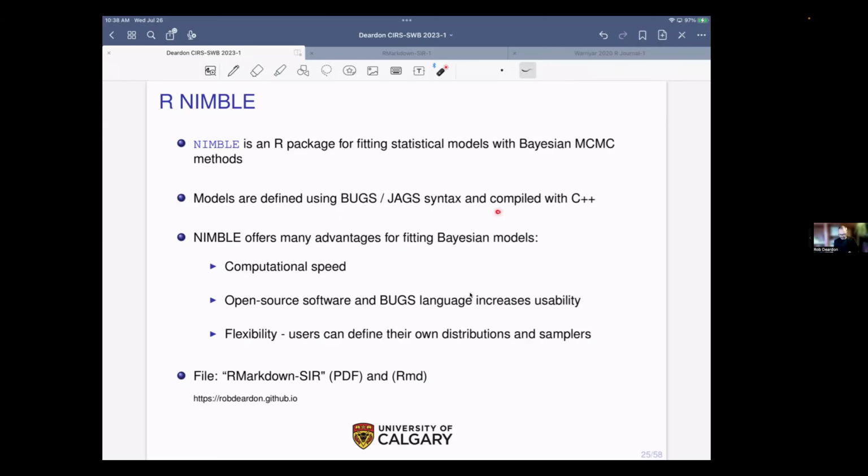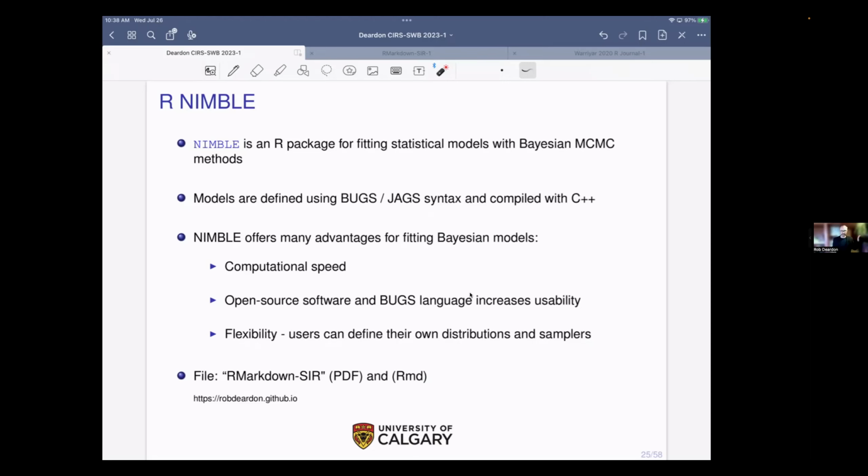But the key thing here, or one of the key things, is that Nimble compiles the MCMC in C++, which means you end up with pretty fast MCMC algorithms, which can be an issue for complex models or a lot of data augmentation.